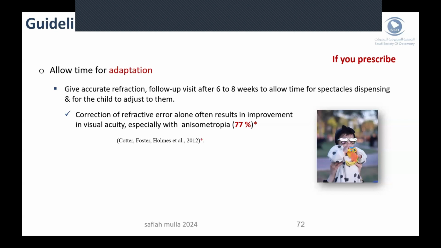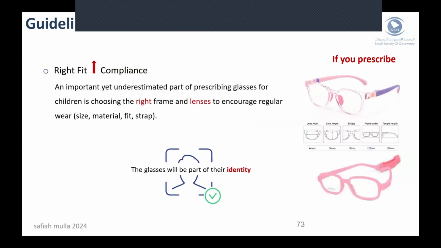If they come to the next visit and they have another problem, you rearrange your management plan to solve the problem that the kid has when he comes. But as I said, 77% of them will be corrected with the glasses only.